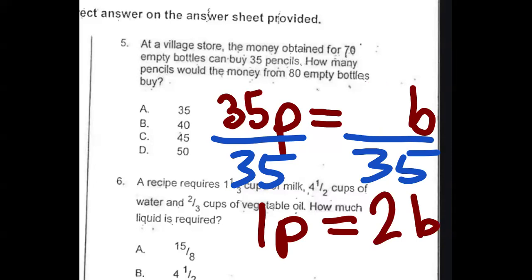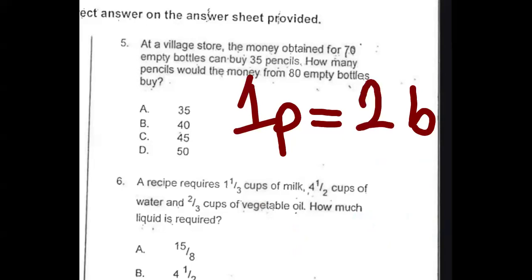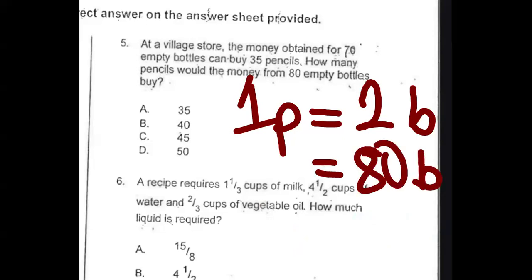Let me write 1p is equal to 2b. Then if 1p is equal to that, how many pencils can we get from the 80 bottles?